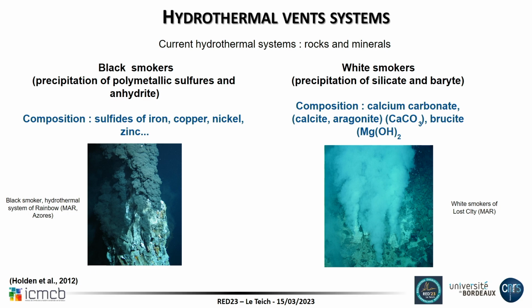They're called black smokers because the plume that comes out of the chimney is very dark. There are other types of smokers which are called white. In that case, the composition is really different. They are mostly made of silicate and barite, with calcium carbonate as well, and also brucite, so magnesium hydroxide. And the plume is mostly white in color, so that's why they're called white smokers.